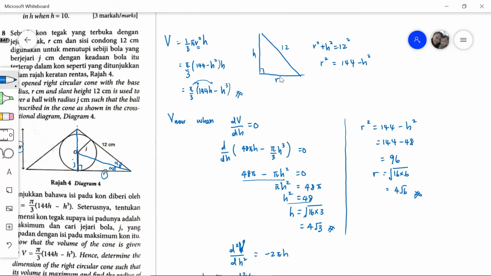Since the ball is inscribed in this cone, this side is tangent to the ball, and tangent means it makes 90 degrees with the radius of the ball. 12 is the whole thing, but this is r.